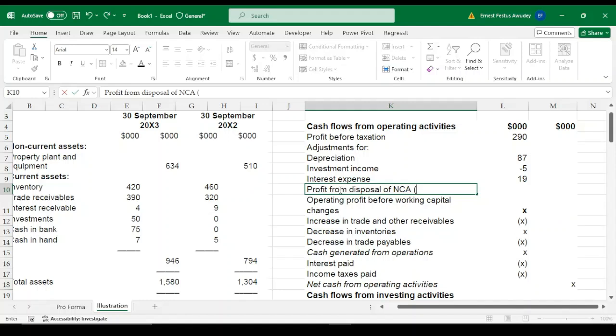I'm going to do a small working there. We are talking about our profit from disposal of NCAs, and this profit is a non-cash item. So what we are going to do is eliminate it from our books.